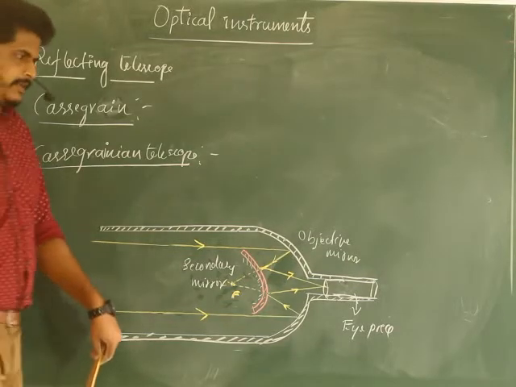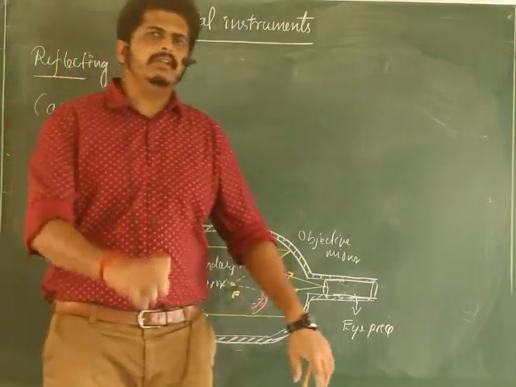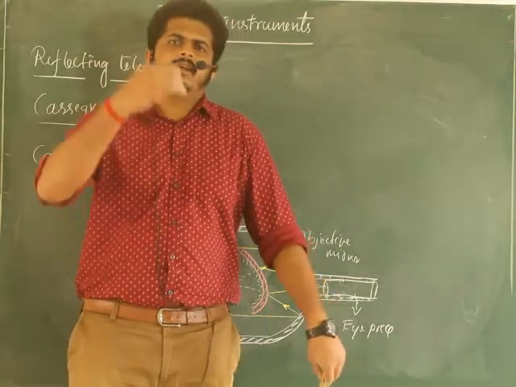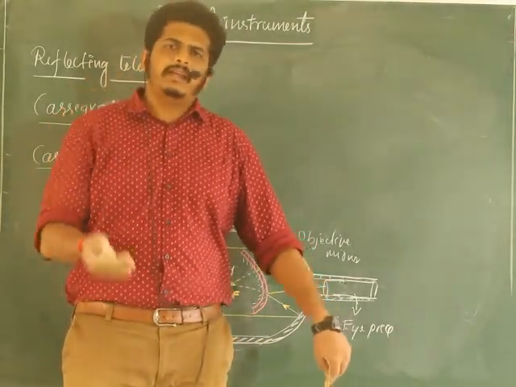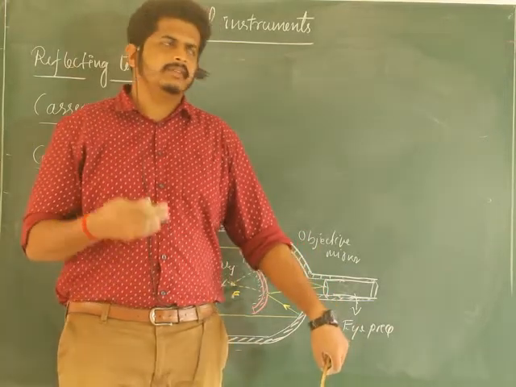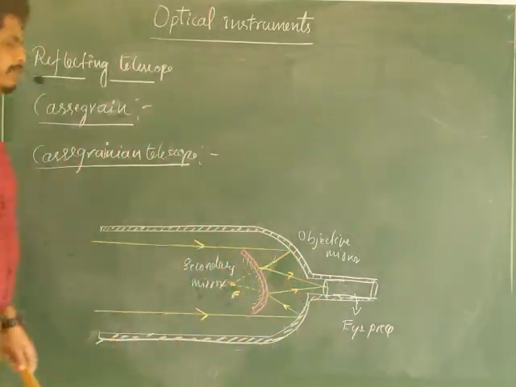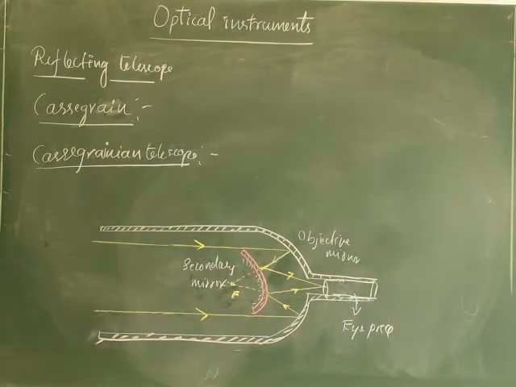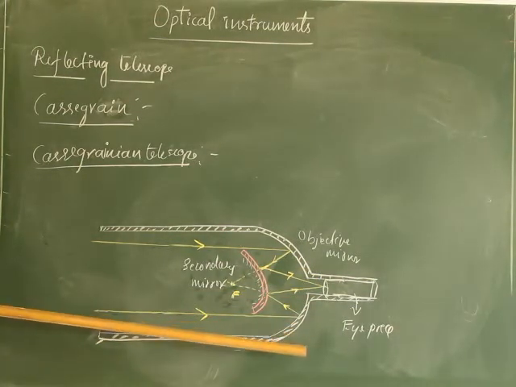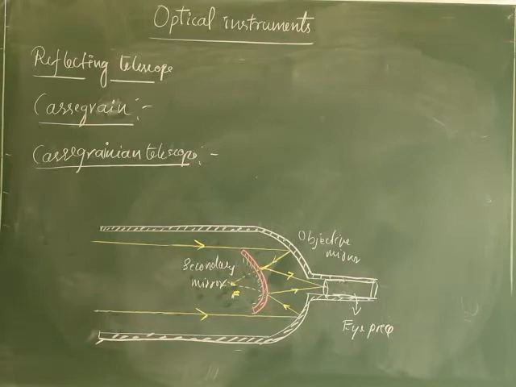And the advantages of the reflecting telescope I have already explained to you. They are less expensive and less bulky, and they have more resolution of the image, more clarity will be there. Okay, so all these are the benefits of the reflecting telescope. So that is all about the reflecting telescope. Reflecting telescopes are used widely.